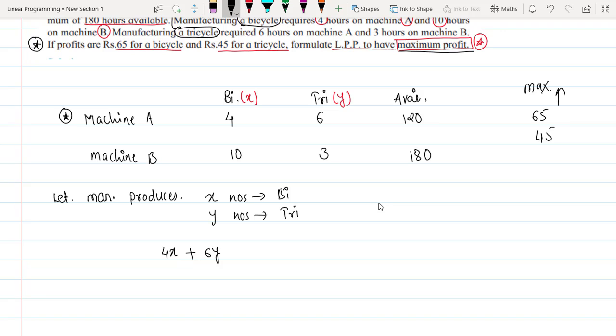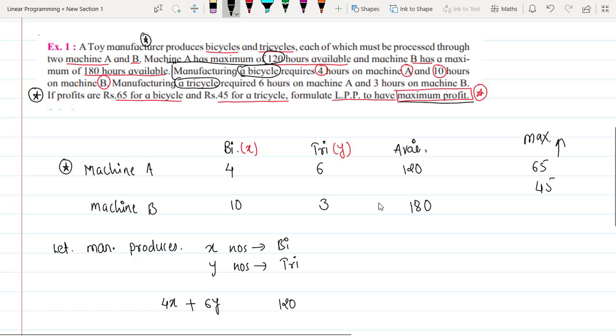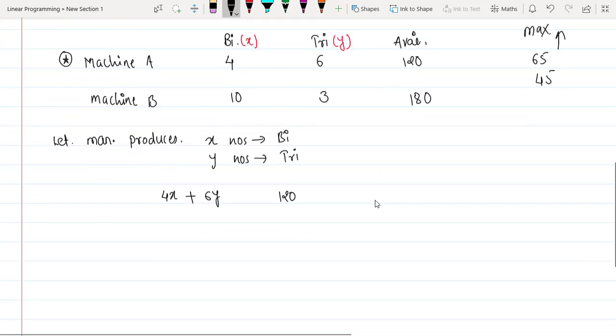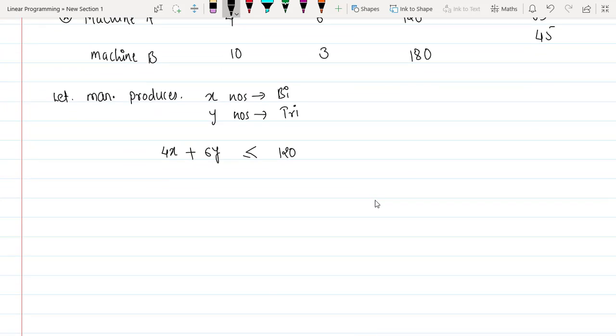Now total available is how much? It is 120. Can you use the machine A more than 120 hours? No, it is not allowed, because in this question the maximum available is 120 hours. So this should be less than or equal to 120. So this is for your machine A.